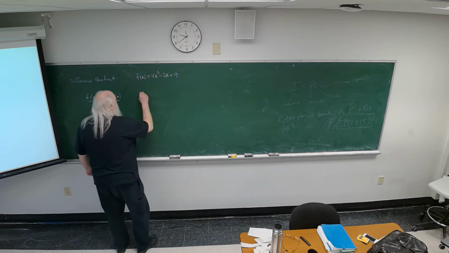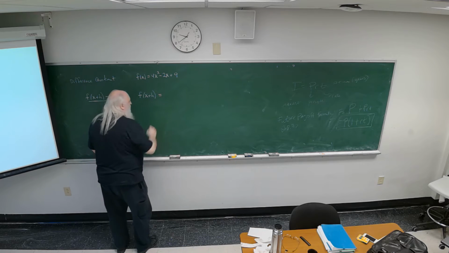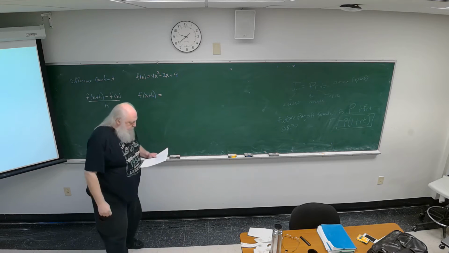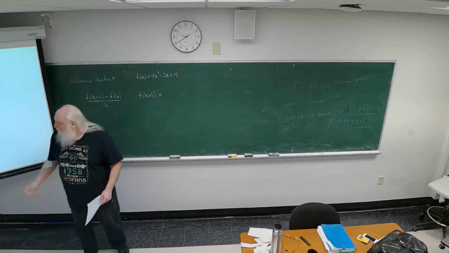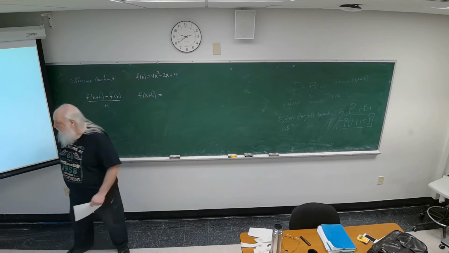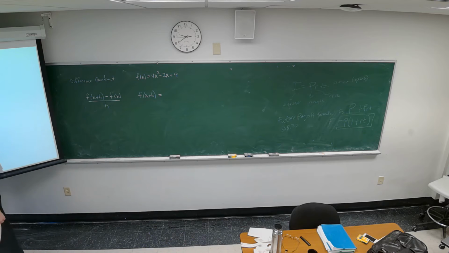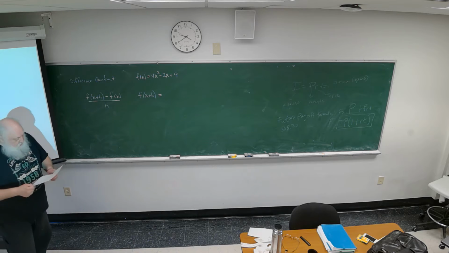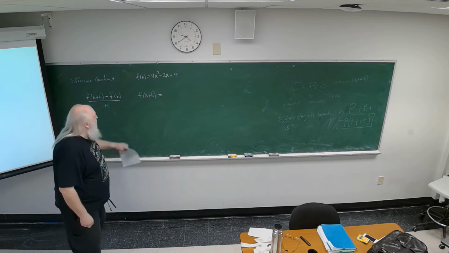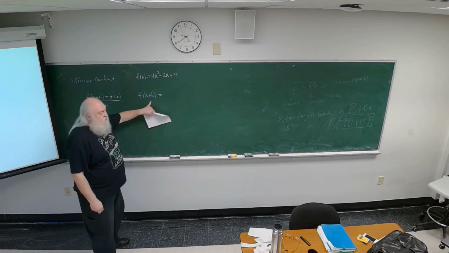So, how do you evaluate f at x plus h? Now, I will have to admit, you may want to write small. There's not a lot of room to write out f of x plus h minus f of x. Okay. How do you evaluate f of x plus h?